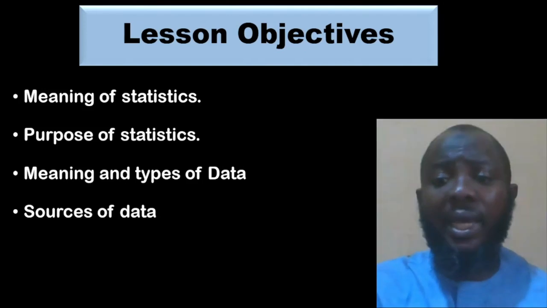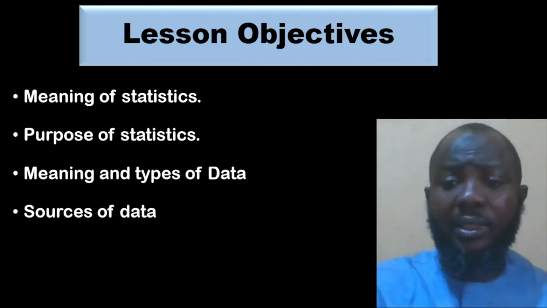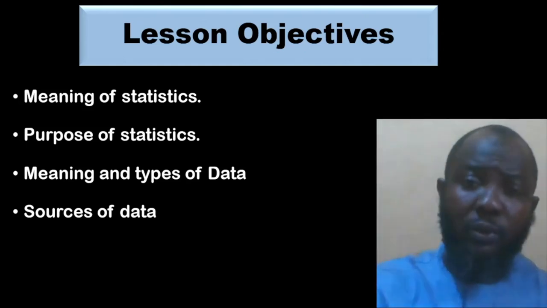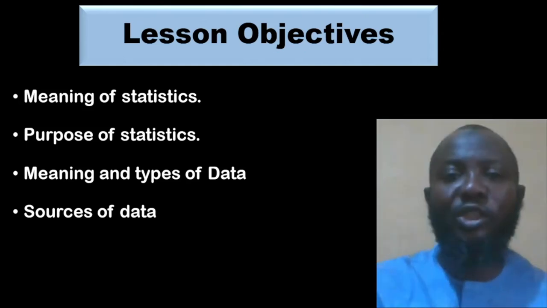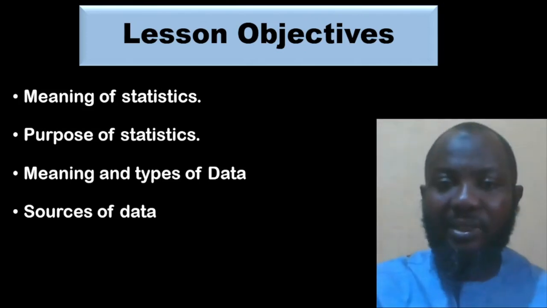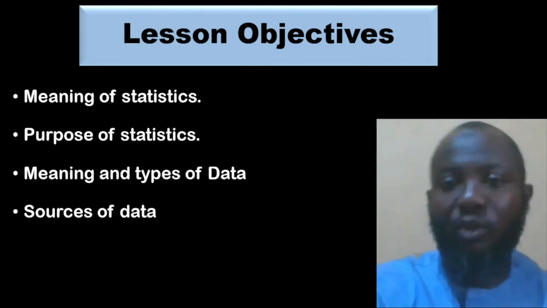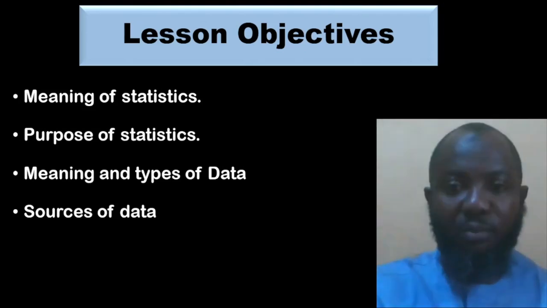We'll be looking at measures of central tendency, whereby we'll look at the mean, averages, then the median, the mode, and so on and so forth. This is just the introductory aspect of statistics, so I'm not going to go into details. It won't go beyond this because of the level of students this is meant for.